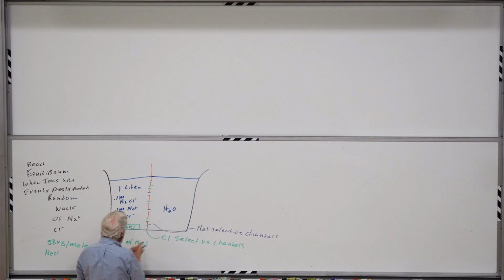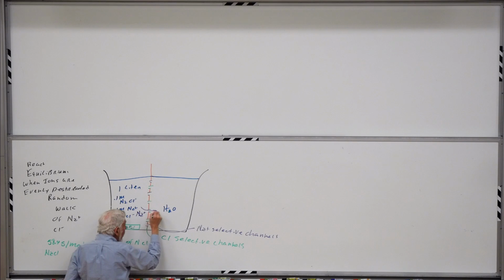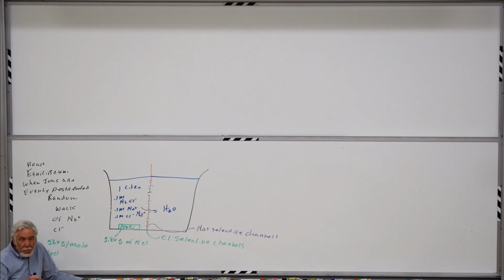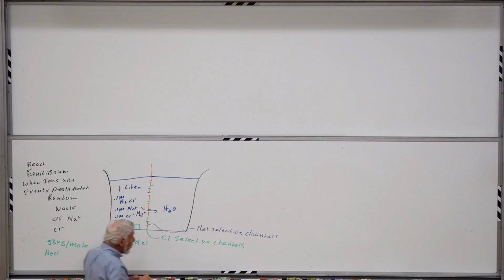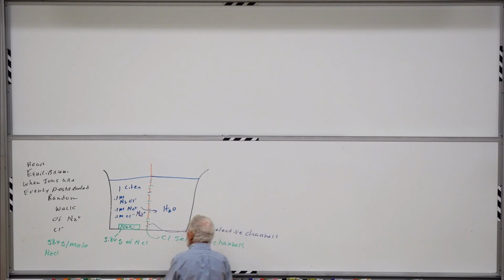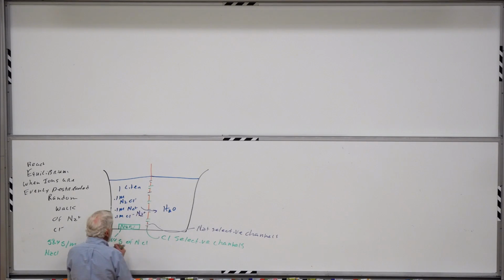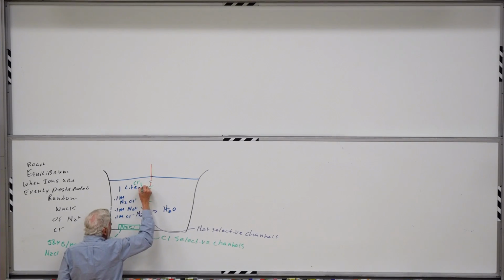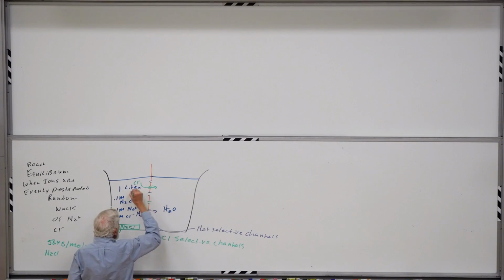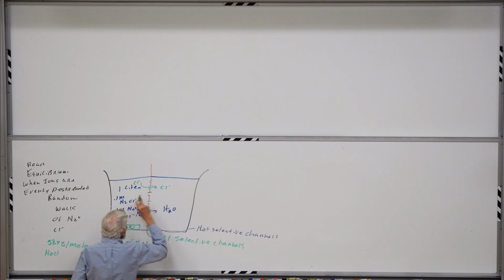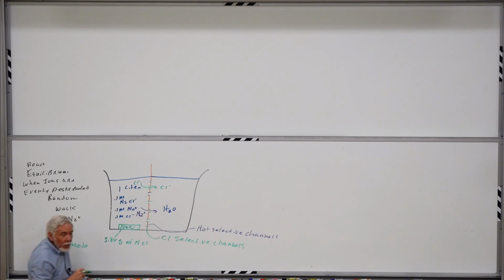And it will now move from this chamber through the channel into the pure water. Similarly, the chloride ions will do the same thing. The chloride ions will be bouncing around in here, bouncing against the walls. And now and again, they'll strike the hole just right and move from the left-hand compartment to the right compartment.